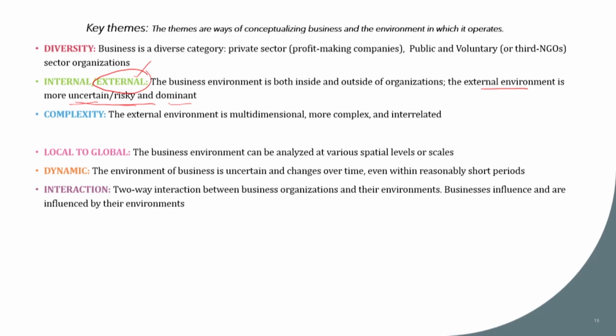Maybe the discussion we started here, saying that there is an external environment and businesses work in that environment, is not quite like that. It's actually a two-way interaction. Businesses influence the economic environment, political environment, legal environment, and similarly all these environments also influence the businesses.